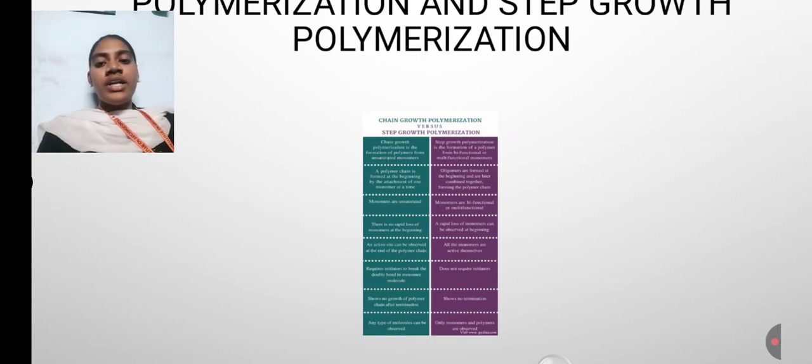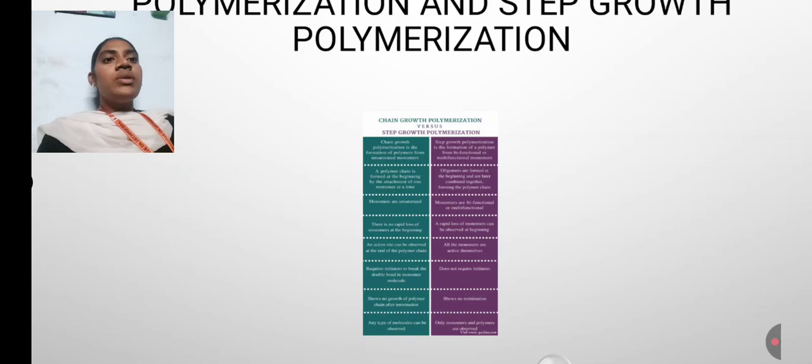Examples of addition polymerization: PVC, Teflon, polystyrene, etc. And examples of condensation polymerization: nylon 66, nylon 6, etc. Addition polymerization is also known as chain growth polymerization, and condensation polymerization is also known as step growth polymerization.